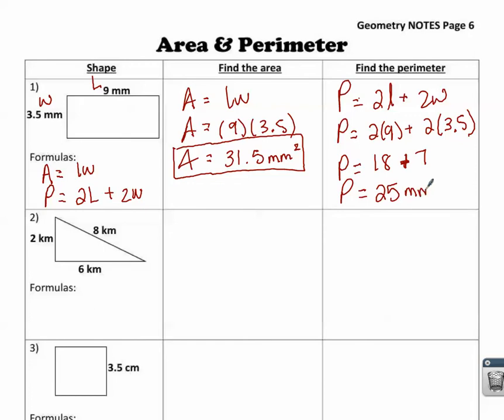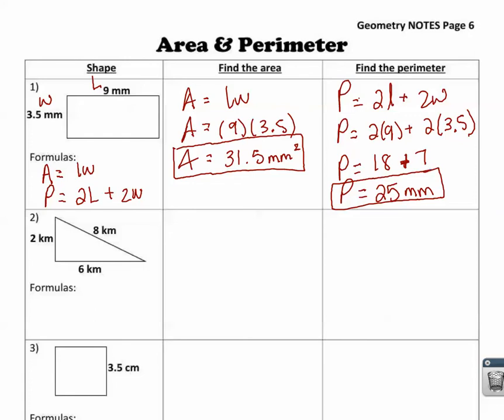And since perimeter is just the sum of all the sides, your unit is just going to be whatever your unit is. In this case, 25 millimeters. You will not get full credit unless you have those units on the back of your answer.